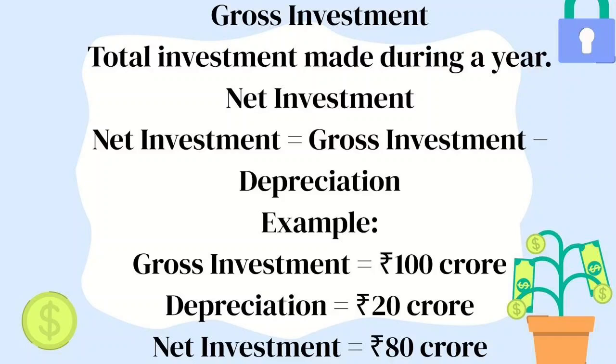So if a factory spends 100 crore on new machinery during the year, but 20 crore of existing machinery loses value due to wear and tear, then the actual addition to capital stock is only 80 crore. So it gives us the formula: net investment is equal to gross investment minus depreciation. So think of gross investment as the total money spent, while net investment is the actual increase in productive capacity.